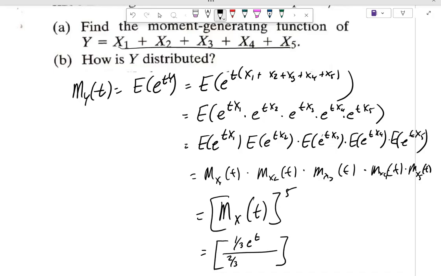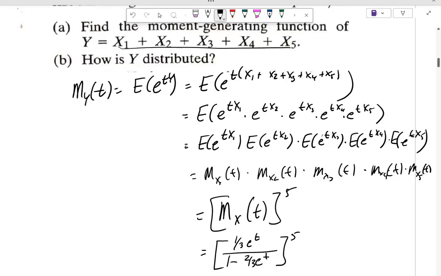So the denominator has 1 minus 2/3 e to the t. Sorry about that. And that'd be raised to the fifth. So we did our geometric moment generating function raised to the fifth power.